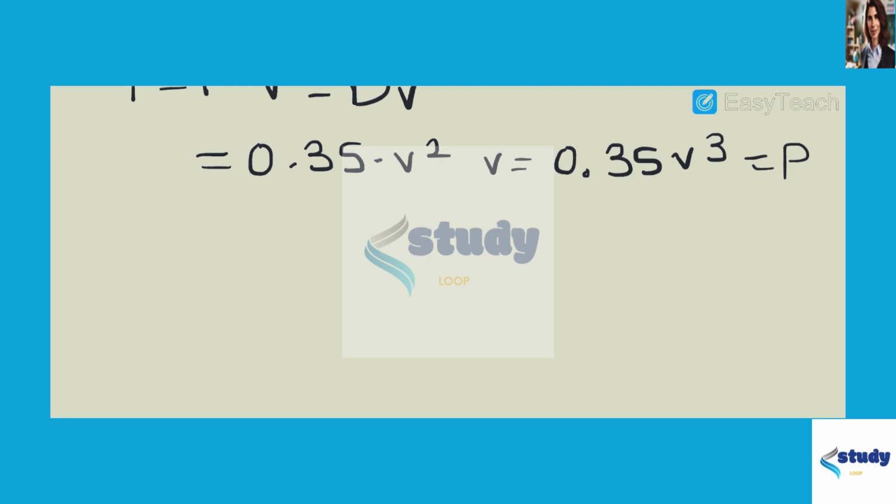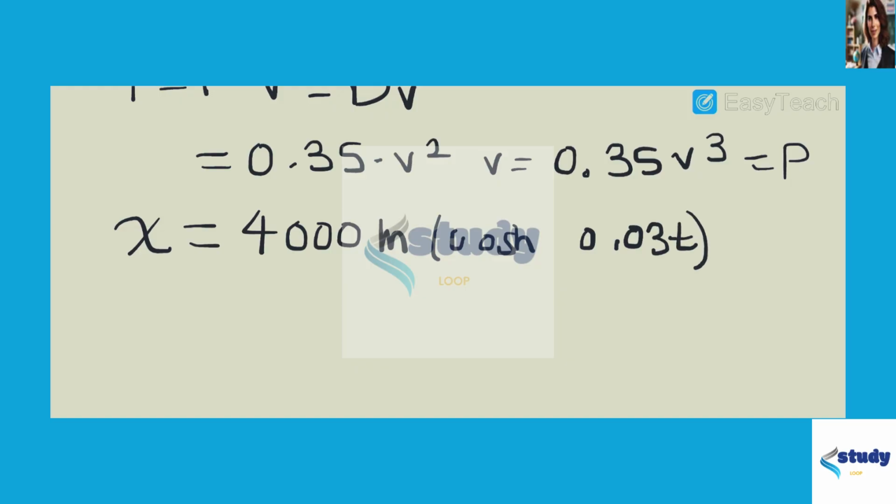We are given the function for x, so we know that x is equal to 4000 ln cosh 0.03t. Now the derivative of position with respect to time is velocity.